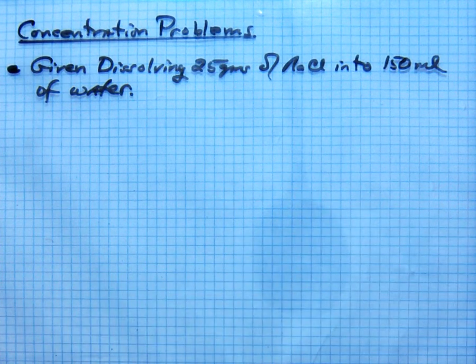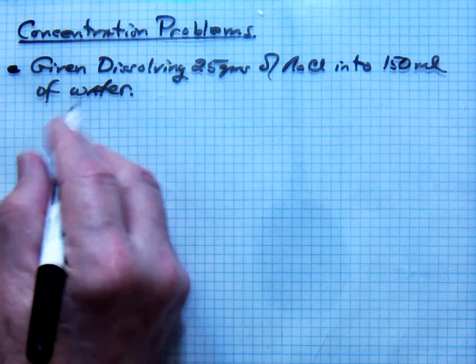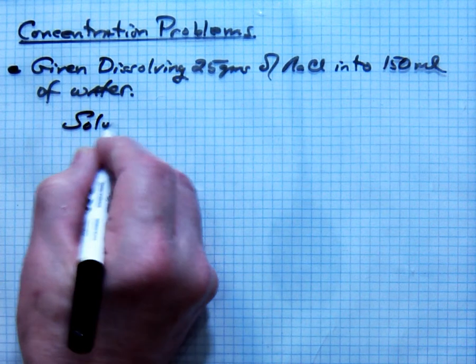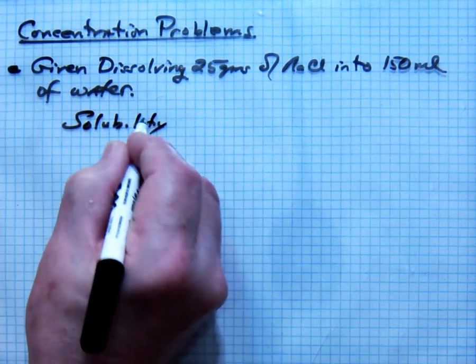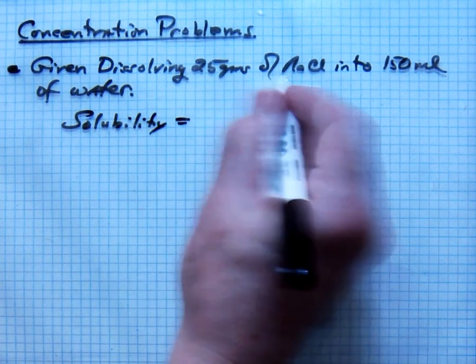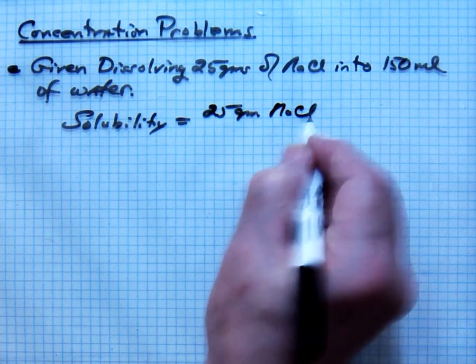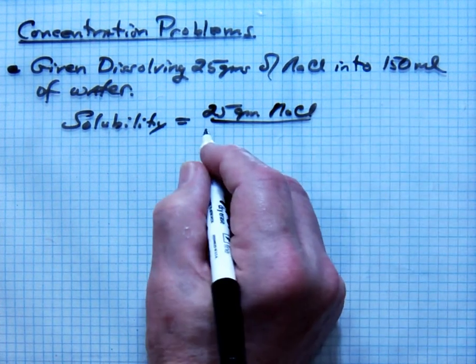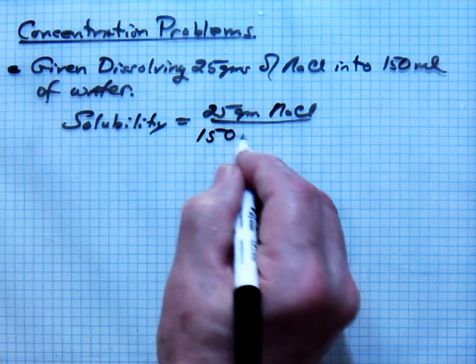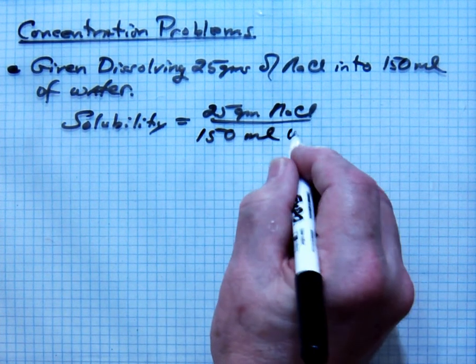Well, in terms of this, solubility is simply the mass of solute, 25 grams of sodium chloride, divided by the 150 milliliters of solution.